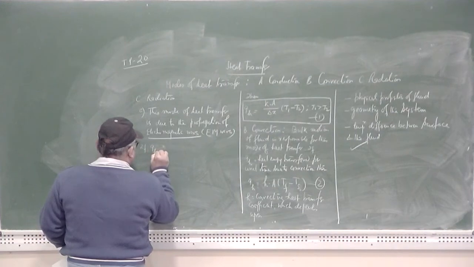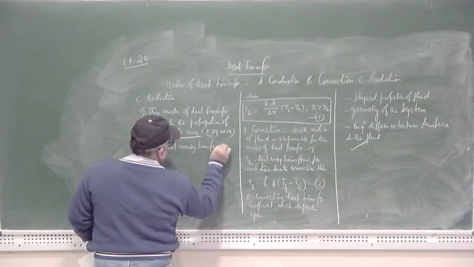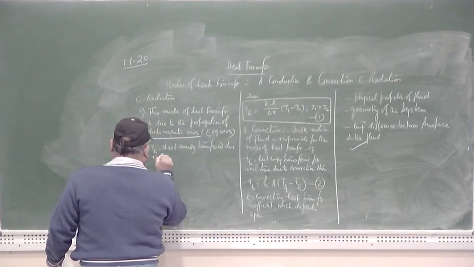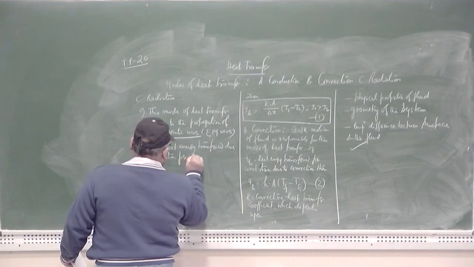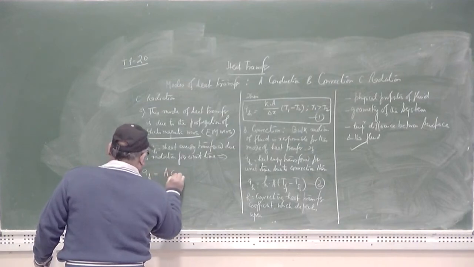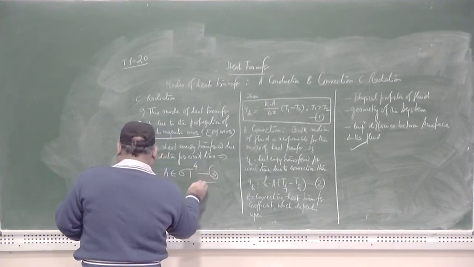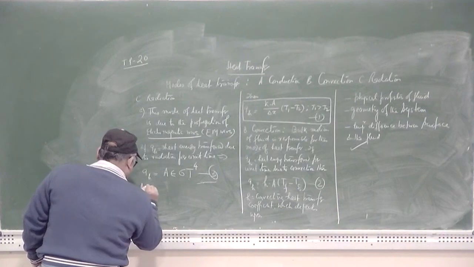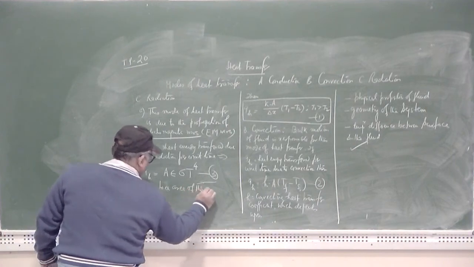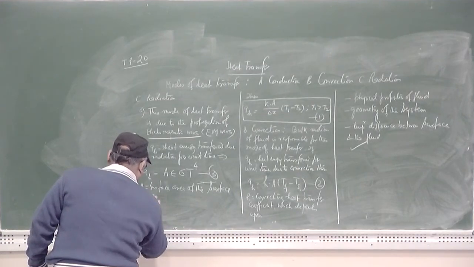So, in this case, if QH is the heat energy transferred due to radiation per unit time, then QH is equal to A into epsilon into sigma into T raised to the power 4, where A is the surface area of the surface from where the heat energy is radiating.